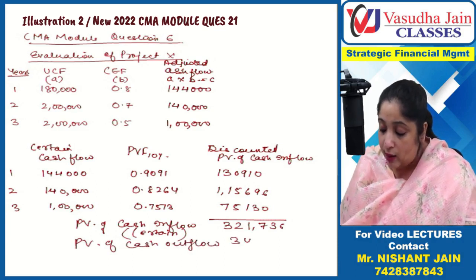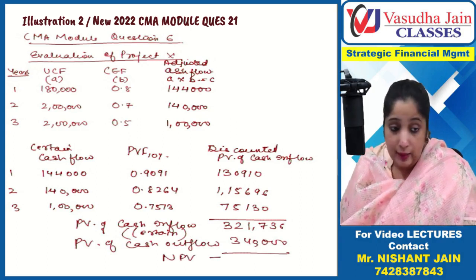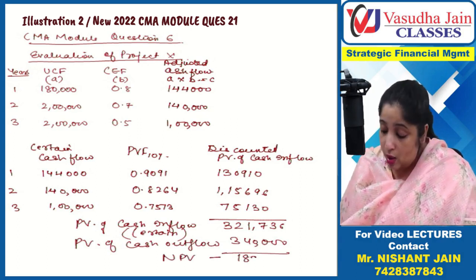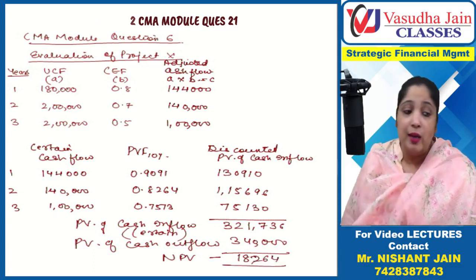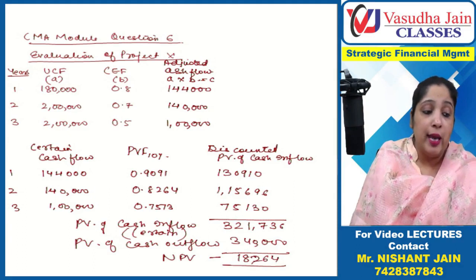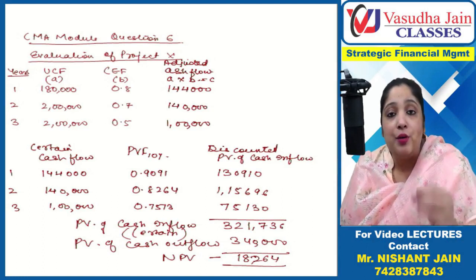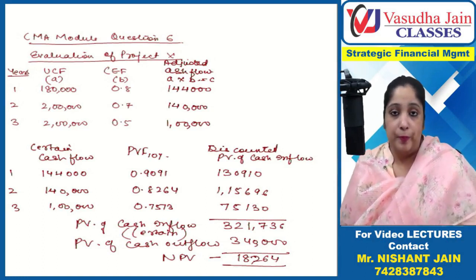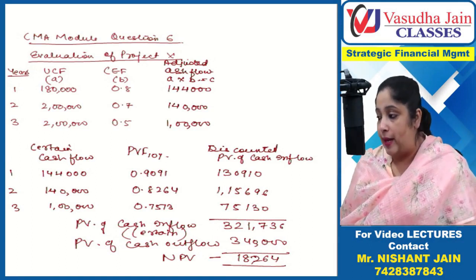So your NPV is coming out to be negative, that is 18,264. Negative NPV is coming. So you should not invest in this project X, because it is not even giving you the certain cash return of 10%.